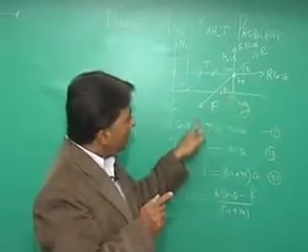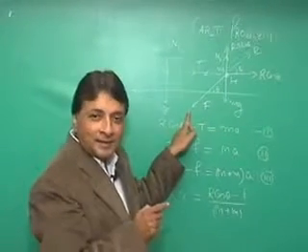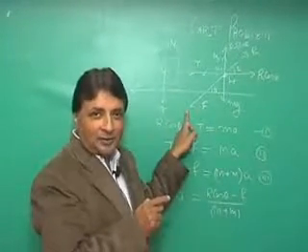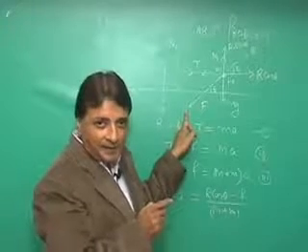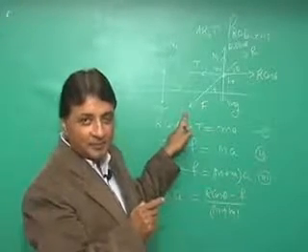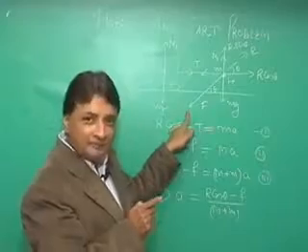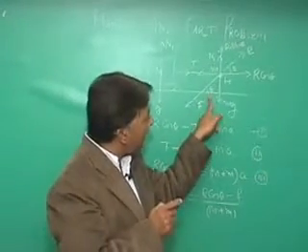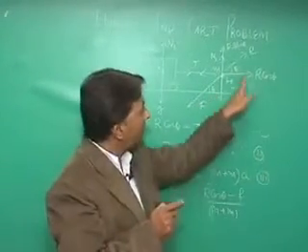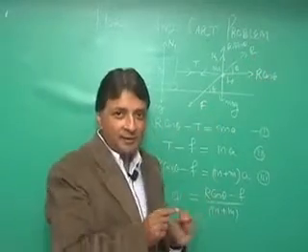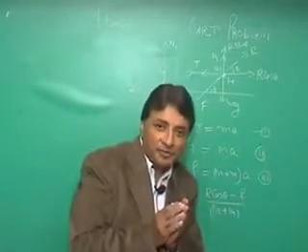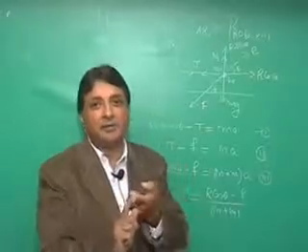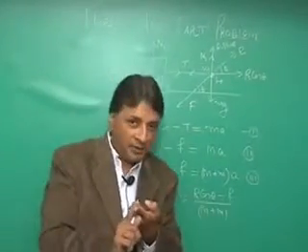Now when the horse makes an action on the road by tilting its feet, applying a force F which makes an angle theta, then the normal reaction R of the force F can be resolved into two components.